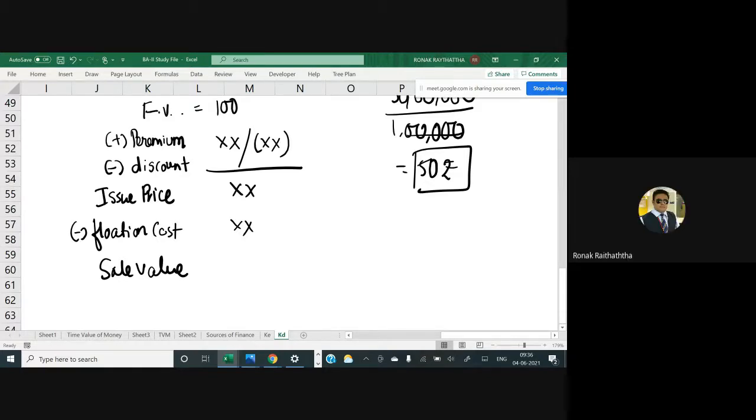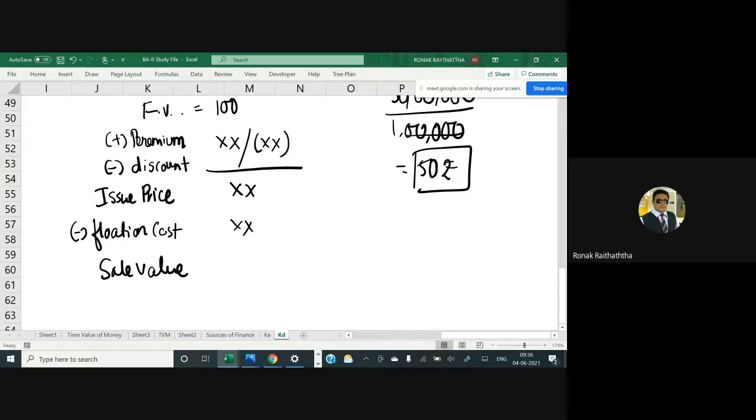True, but see, now these debentures are irredeemable, right? So you take the sell value, or you may take the market value of these debentures. If those irredeemable debentures are publicly traded, then you can also take the market value at which the investors have invested. Then also it's fine.